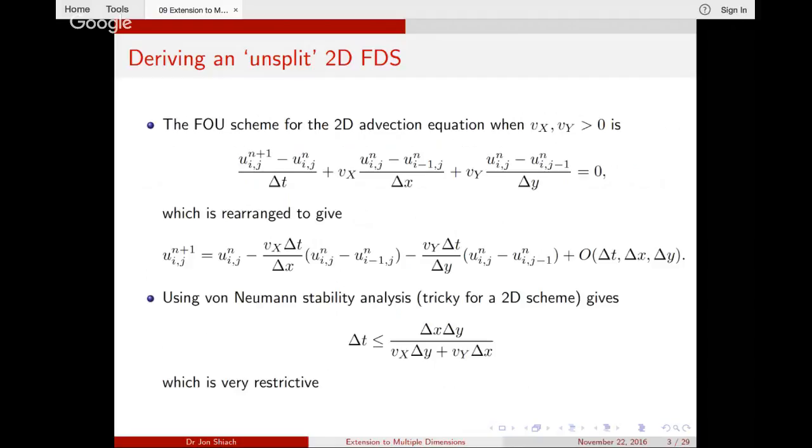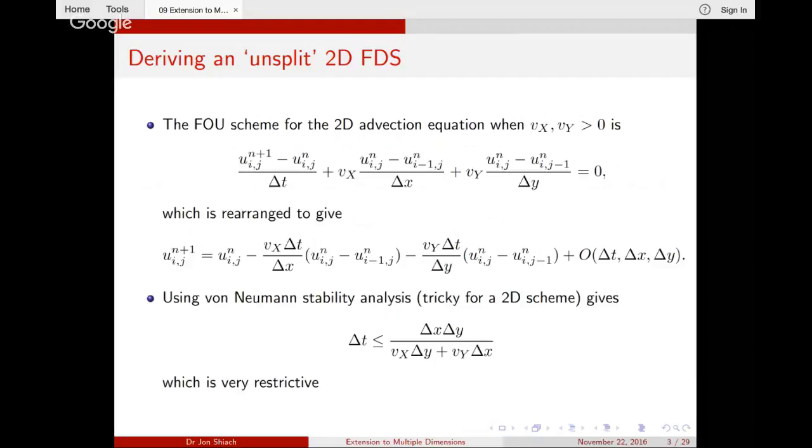The first order Upwind scheme we saw a couple of weeks ago. So what we do is we take a forward difference in time, the first order forward difference in time. And for the spatial direction, we take a backwards difference in the x direction. So this is the first order Upwind scheme. We also have another spatial derivative, and again, I take a backwards difference in the y direction.